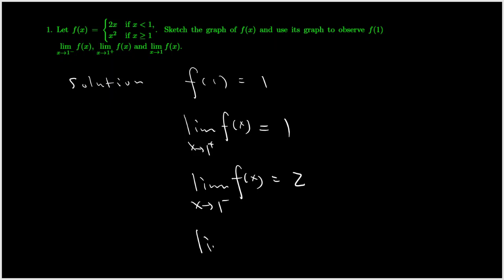The limit of the function as x approaches 1 does not exist. For the next assignment, I'm going to ask you to sketch the graph of a few functions, and then you're supposed to identify the limits.